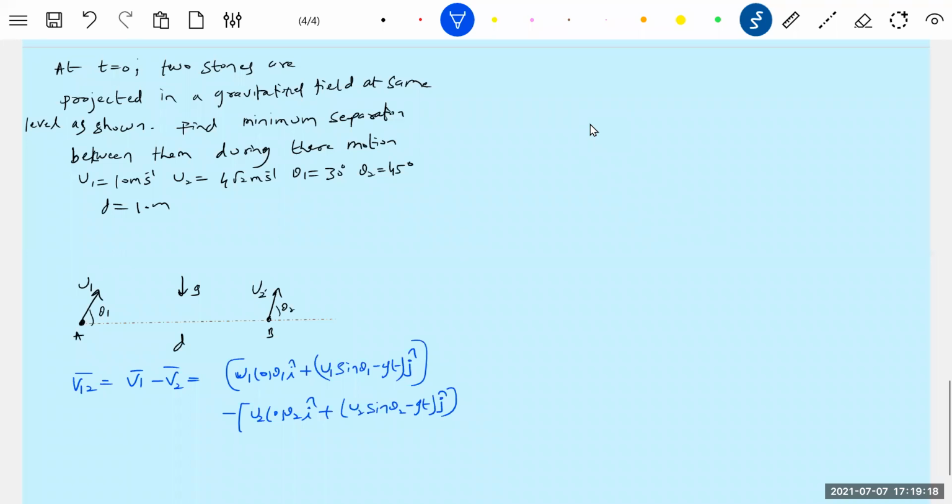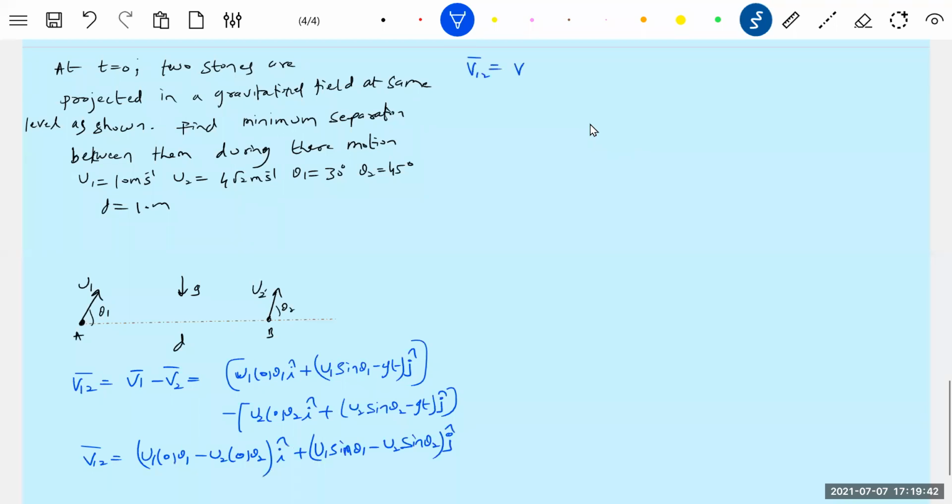Okay, this is the velocity of 1 with respect to 2. If I solve it directly, I'll land up with U1 cos theta 1 minus U2 cos theta 2 i cap, j cap.